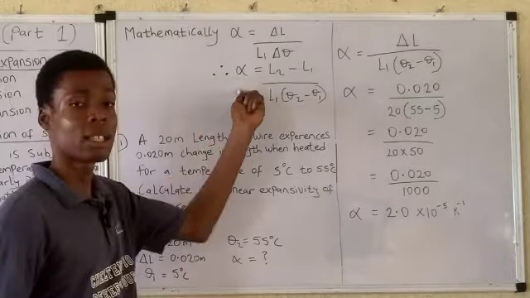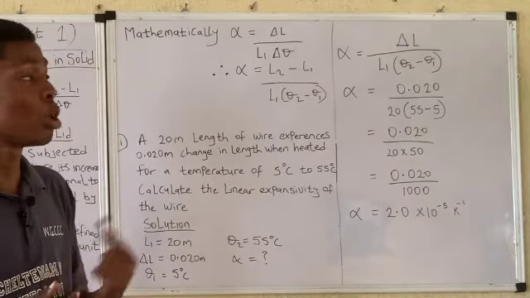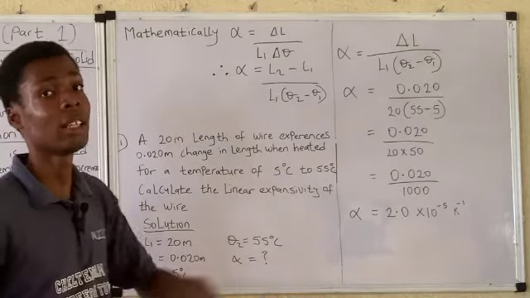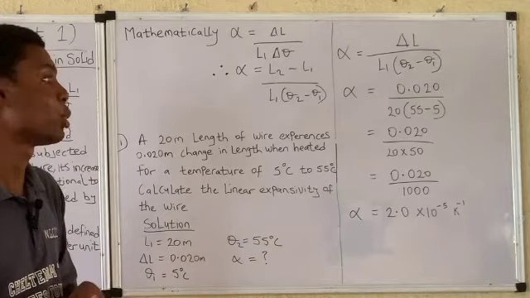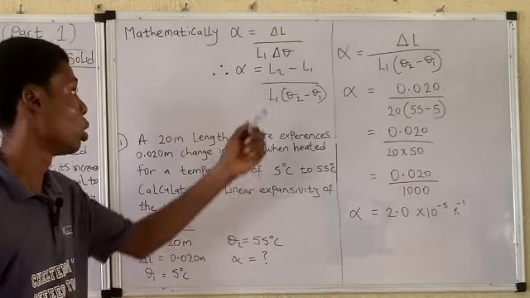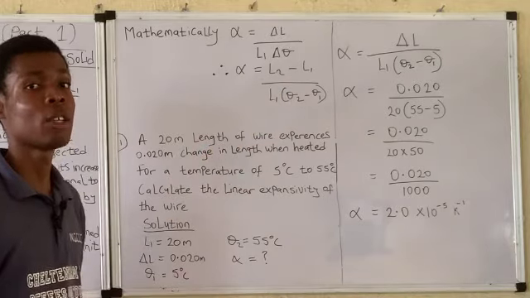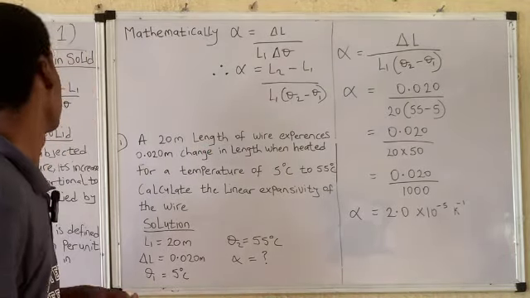Alpha, like I said, is the coefficient of expansivity of solid, that is in linear expansion. So that is just about the formula of linear expansion. From this formula, we can derive our formula for length if we are given some questions on finding the length of a solid.